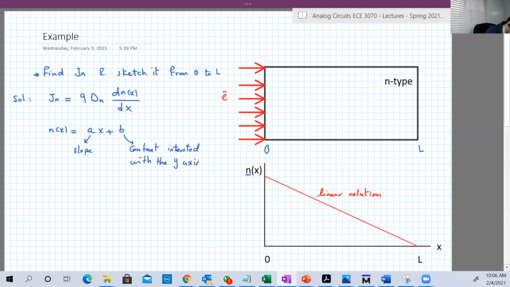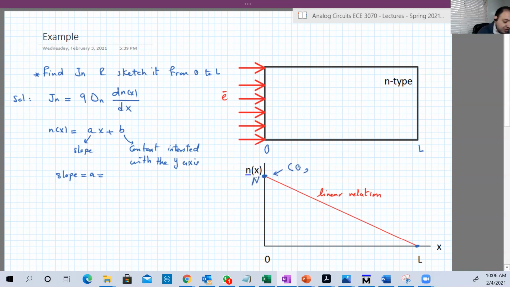Okay, so the slope here is very simple to calculate. We can take 2 points, so here point 1 and point 2. So this point has x equal to 0. I forgot to mention this, y here is n.